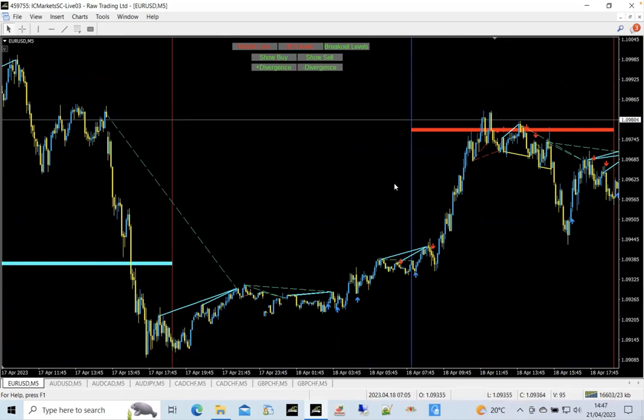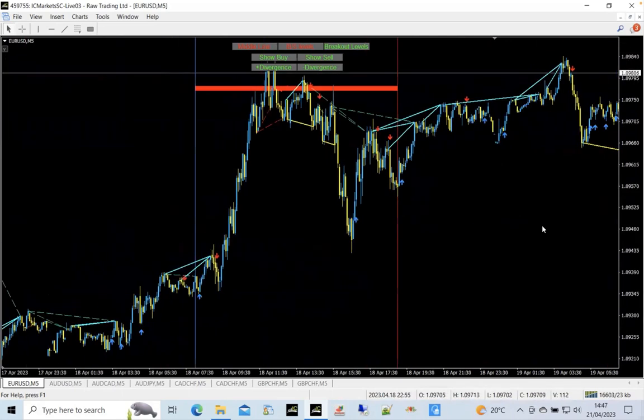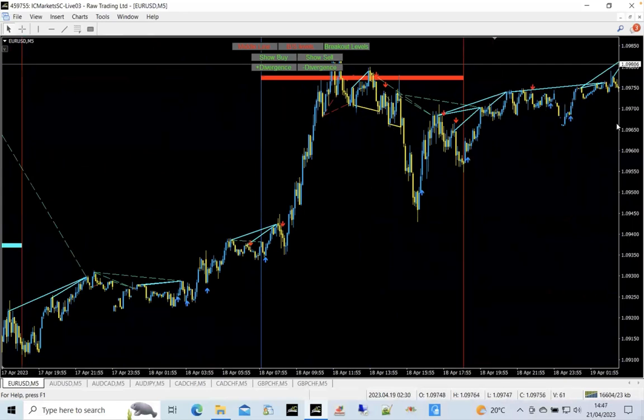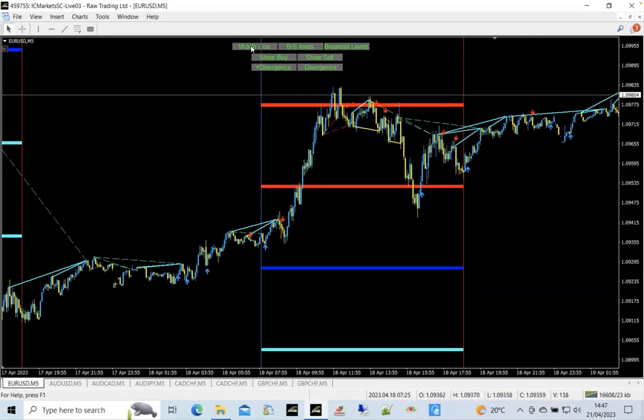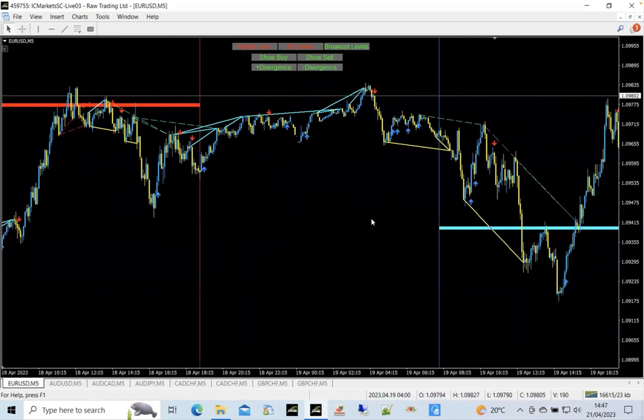What I'm looking for are breakouts that I can use in the same session. For example, here you see the market failed to break out and then it moved down in the same session. Now, where did it move? It moved to the sell level, like below the sell level. So these are areas you can use to trade the market.